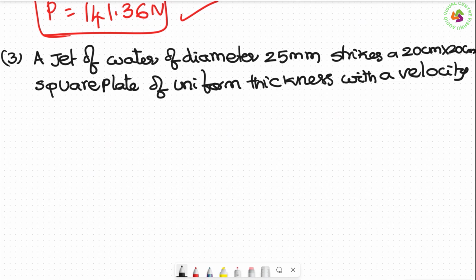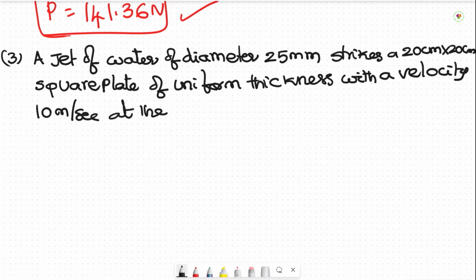The moment you have seen water, rho is 1000 kg per meter cube. Whereas the moment diameter is given, A is equal to pi d square by 4. The moment mm is given, it means you need to convert into meter by multiplying by 10 to the power of minus 3. The moment you have seen the velocity 10 meters per second, all the ingredient parameters to calculate rho A v square, you got it from this.